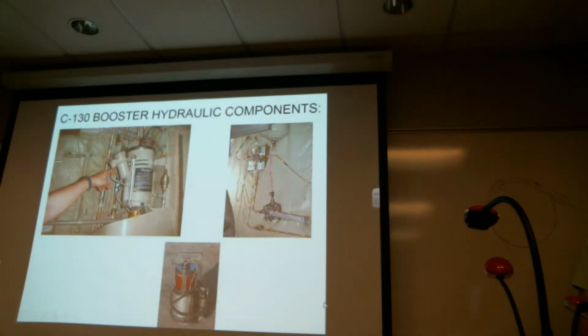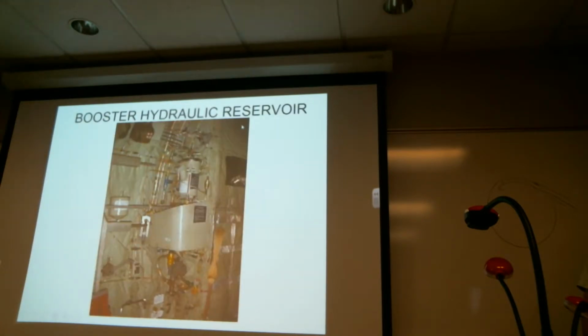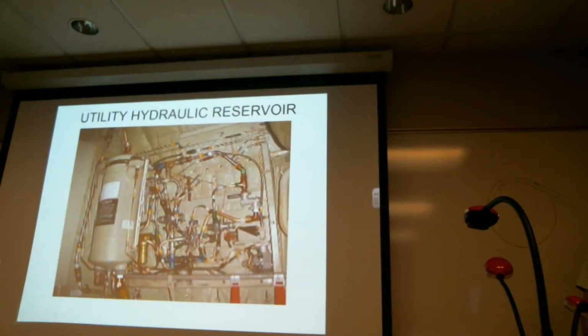C-130, they've got multiple hydraulic systems aboard the aircraft. They use vented reservoirs. Oh, here's a good illustration too. Here's the filter housing for the vent line, but installed across it, you can't make it out on the tubing, is a check valve installed on the vent line that will bypass the filter element. And this is the booster hydraulic system, and they've got another one that they call the utility hydraulic system.